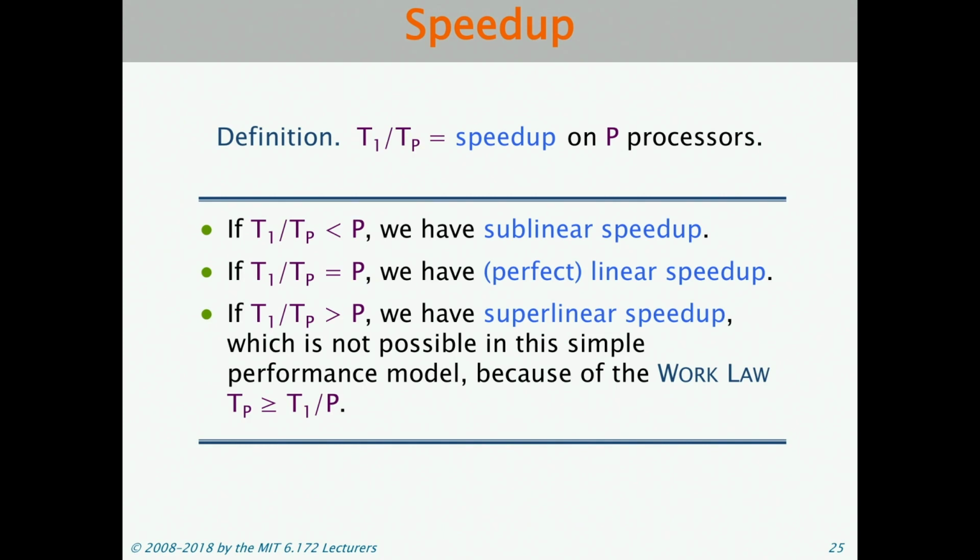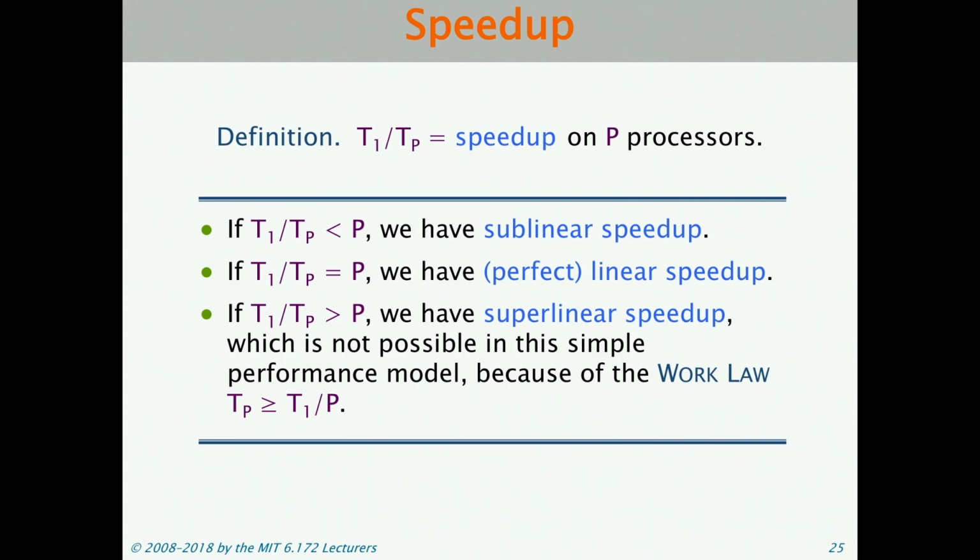So this is the good case. And finally, if T1 over TP is greater than P, we have something called superlinear speedup. In our simple performance model, this can't actually happen because of the work law. The work law says that TP has to be at least T1 divided by P. So if you rearrange the terms, you'll see that we get a contradiction in our model.